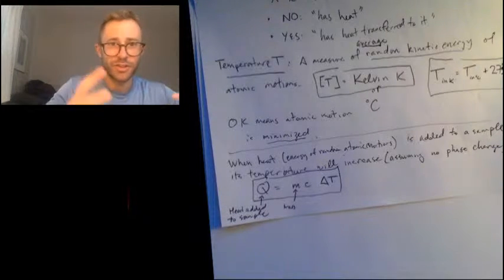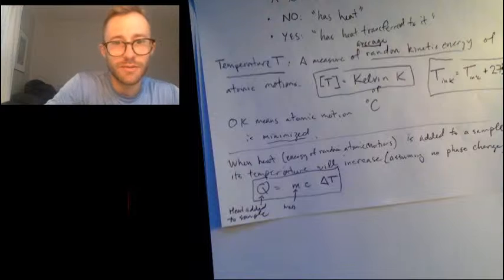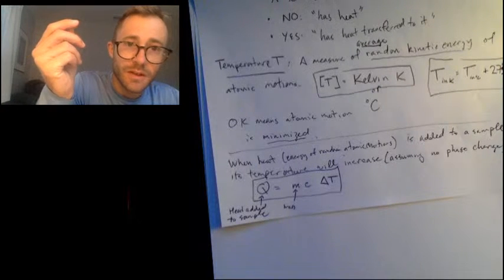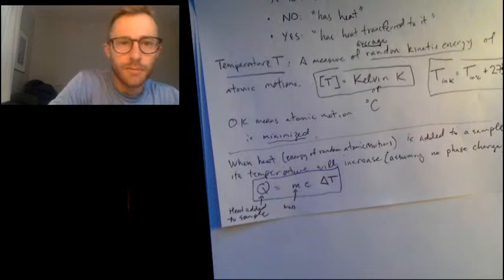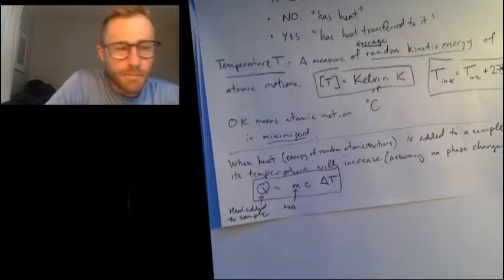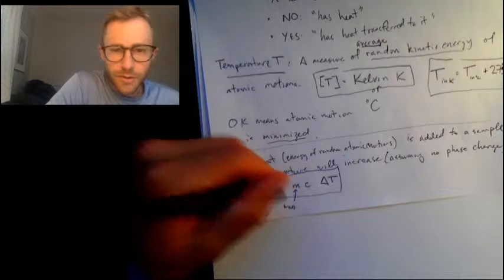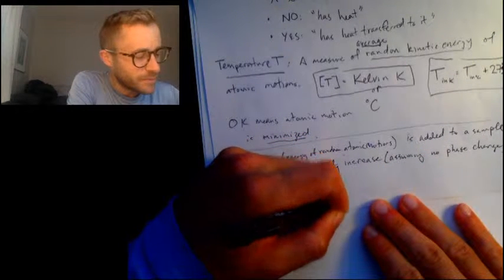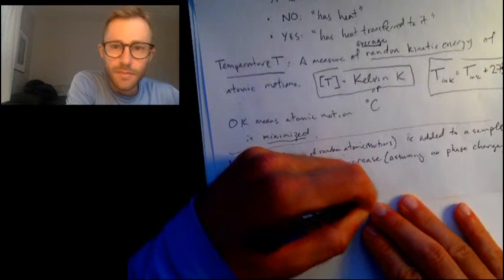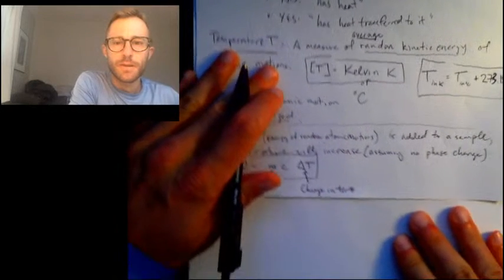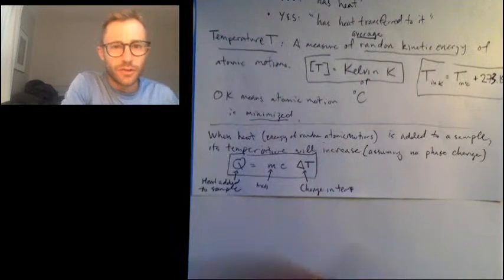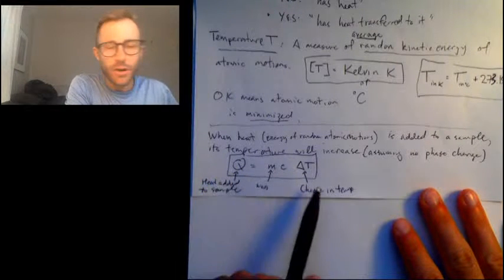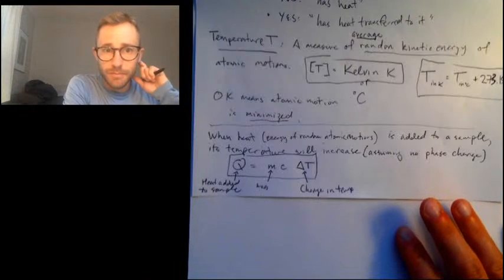Its temperature doesn't change as much in response to heat as, for example, a little tiny droplet of water would. So it depends on the amount of mass. Delta T is the change in temperature. You can see that these are on opposite sides of the equation. So the more heat you add, the larger the change in temperature.